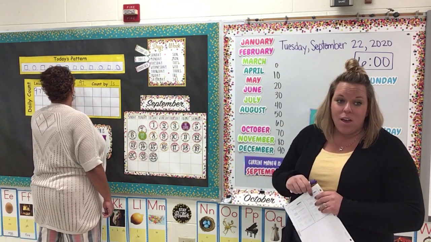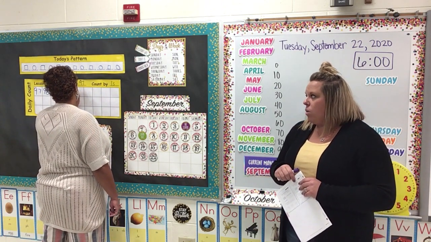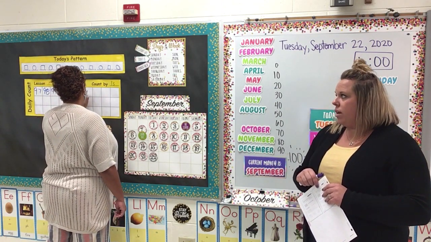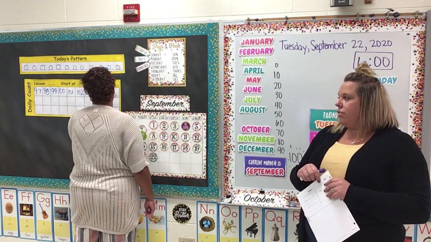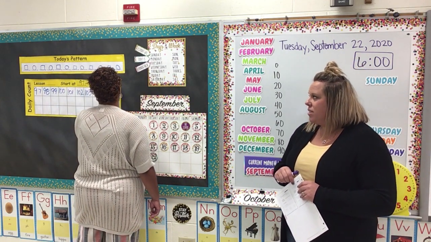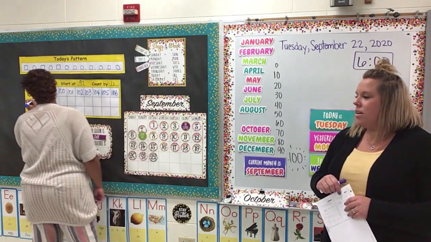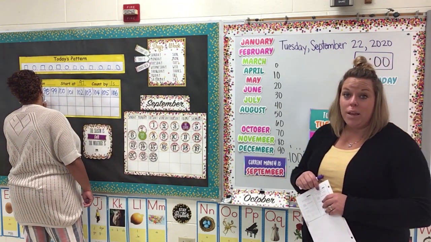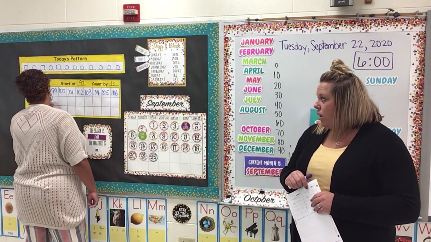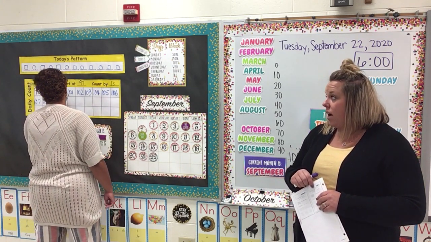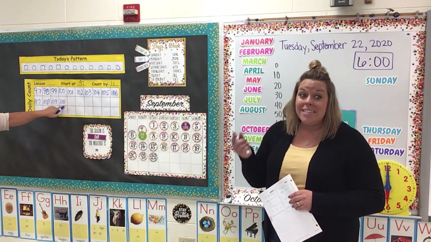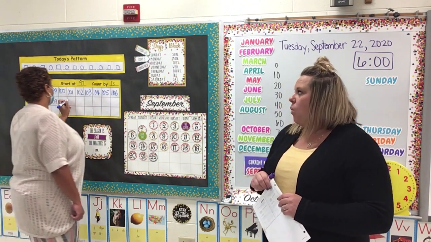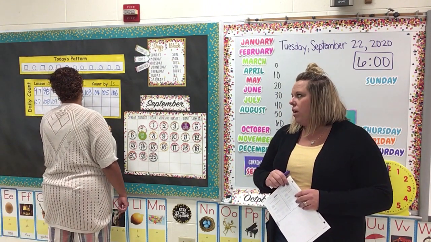Okay, let's keep going. 101, 102, 103, 104, 105, 106, 107, 108, 109, 110. And how did I write 110? 1, 1, 0.